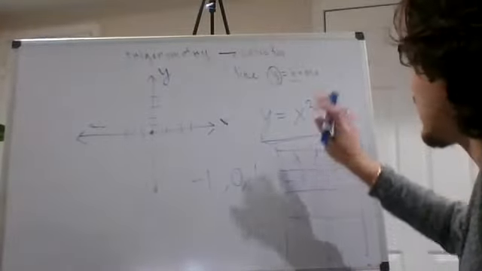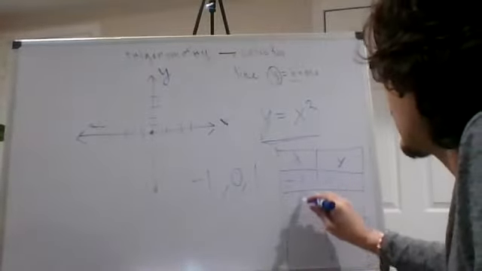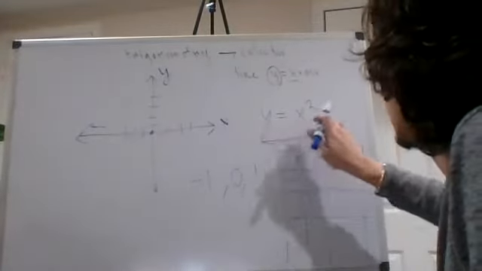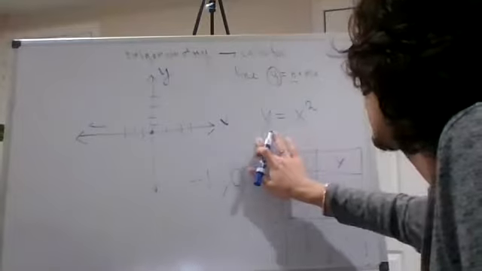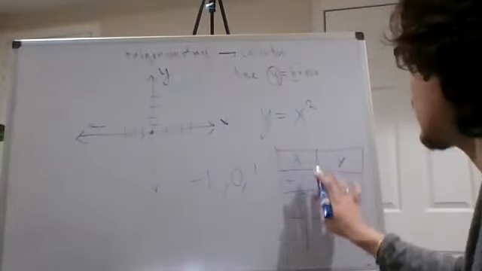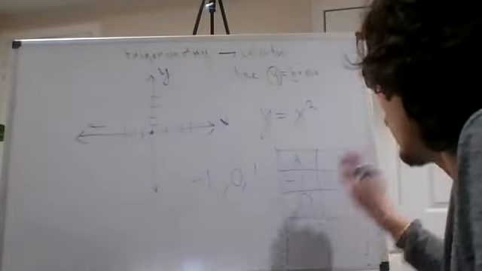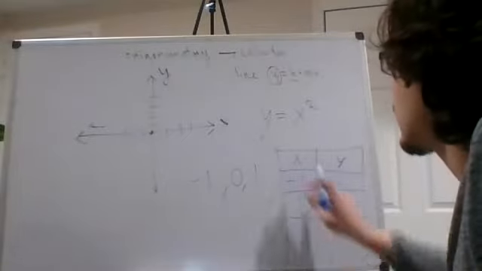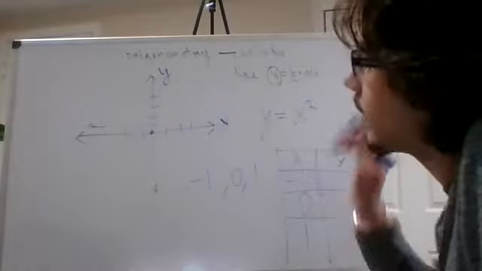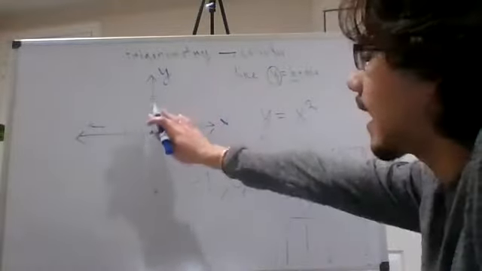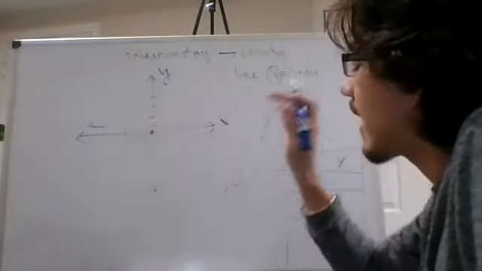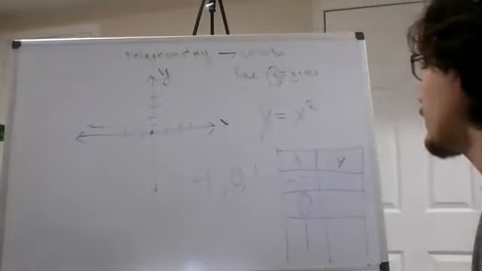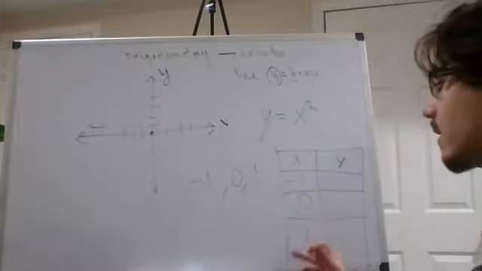So let's have a chart here, and let's say that these are our X values for this function y equals x squared. In this chart, we will put what the x and y values are. So that means we get a set of coordinates, and we can put these coordinates on our graph. And at the points, it'll tell us what the function looks like. So let's try and fill out this chart.